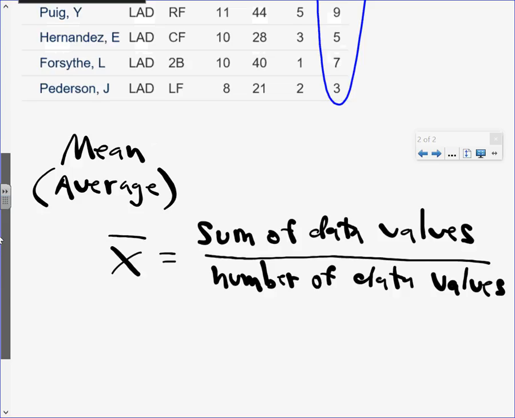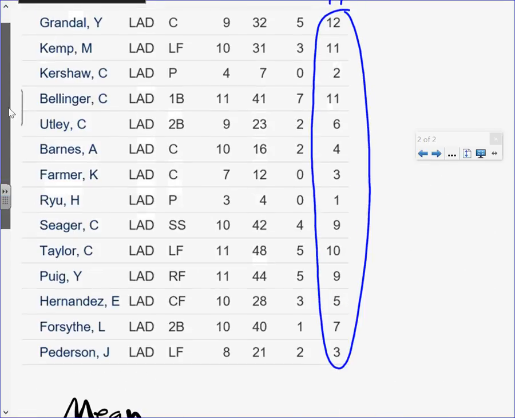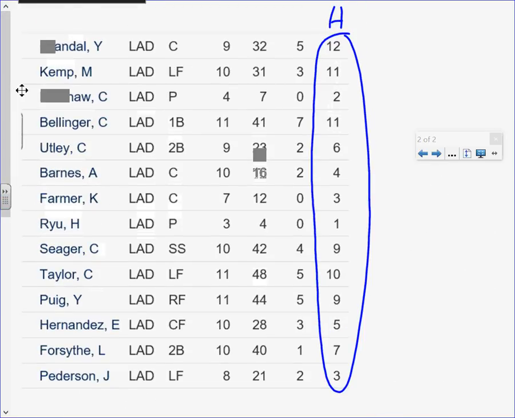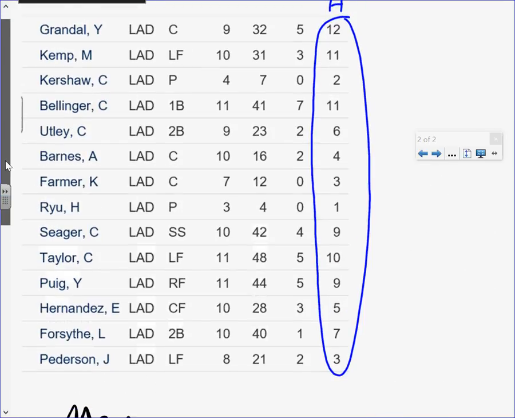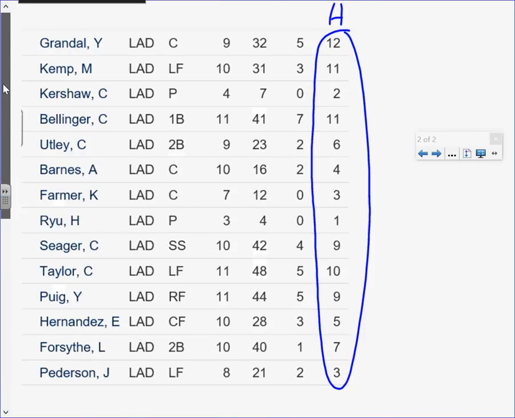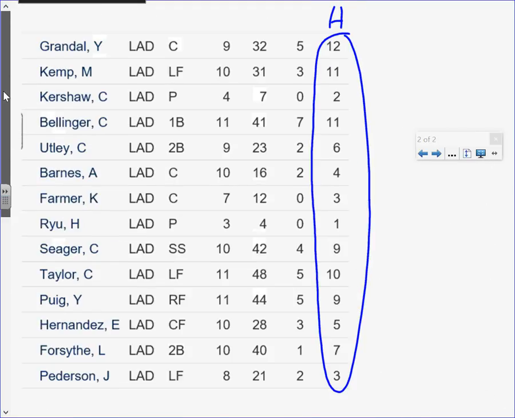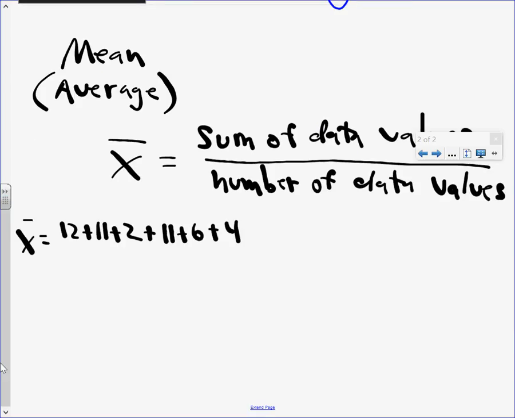Here we go. Let's find the sum of the data values. Again, I'm just focusing on the hits of the Dodgers. So we go 12 plus 11 plus 2. X bar equals 12 plus 11 plus 2 plus 11 plus 6 plus 4. You write this with me. Plus 3 plus 1 plus 9.